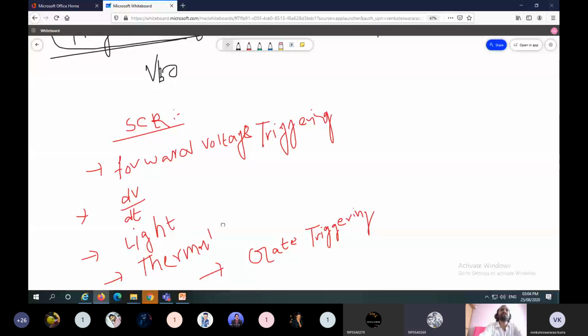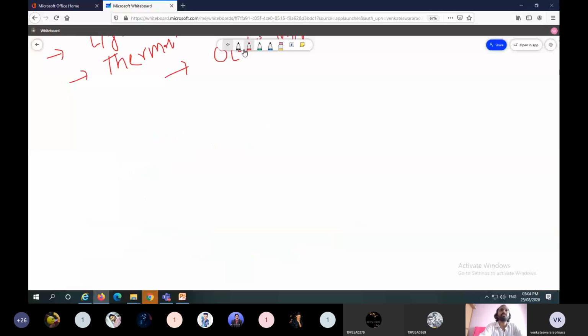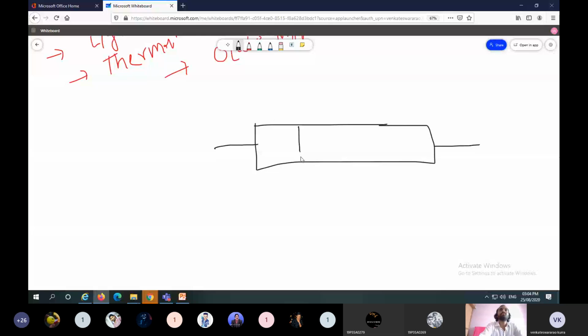So forward voltage triggering means we do not apply any gate signal to the device. The supply voltage is more than the forward breaker voltage VF.